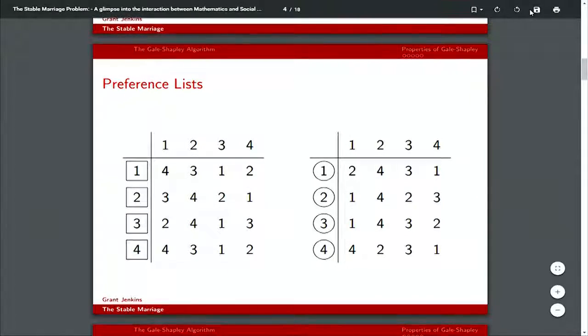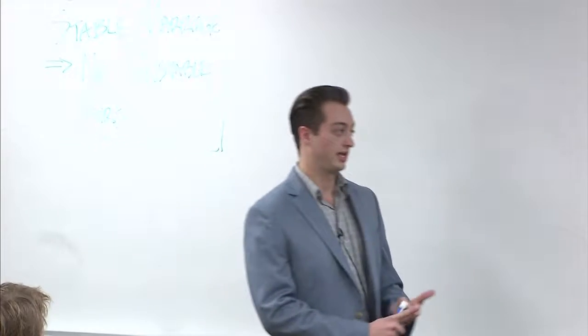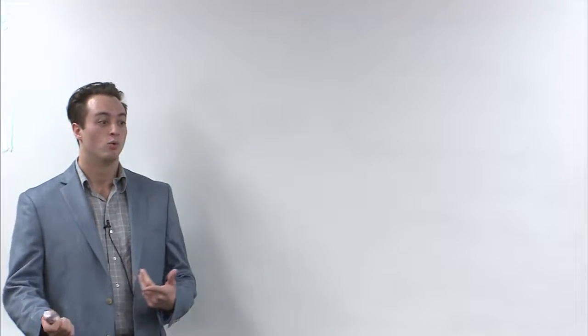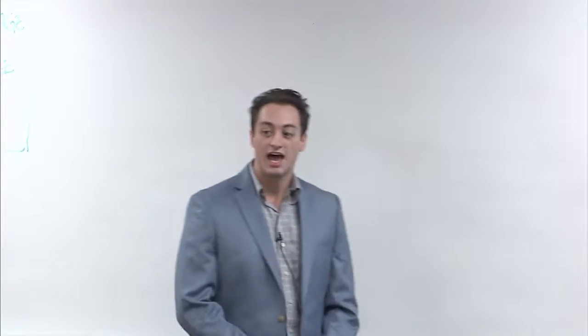So when I first heard the problem, Professor Vandermeer did a great job of explaining exactly what I was looking for. My first thought was, if every single woman and every single man got their first choice, there could be no unstable pairs, because an unstable pair means that one of the women or one of the men wants someone more than they currently have.